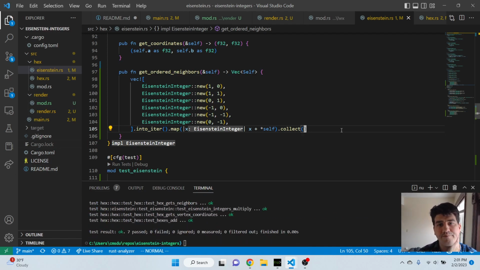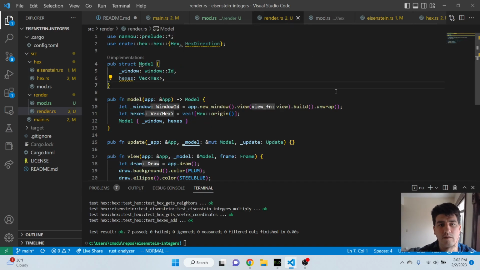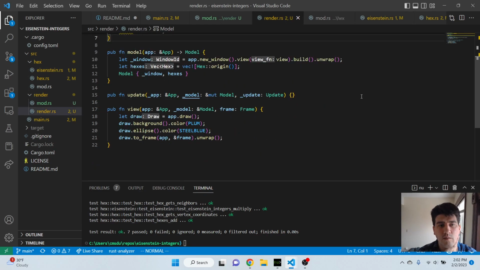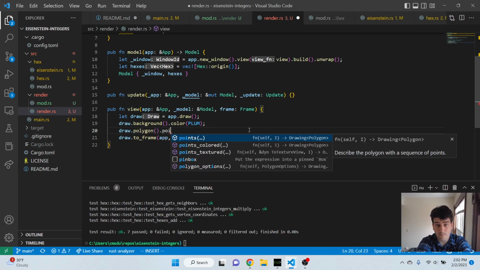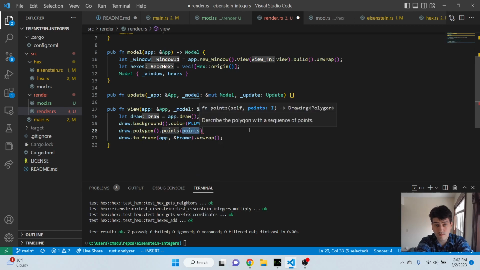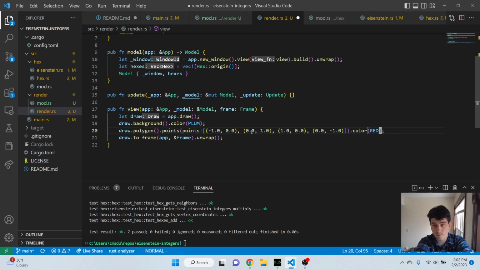Okay. So now in render, we should be able to say draw polygon points, and it's not going to be this.